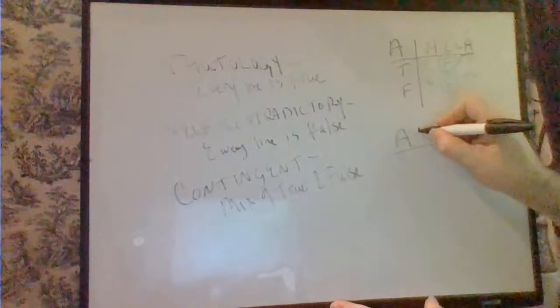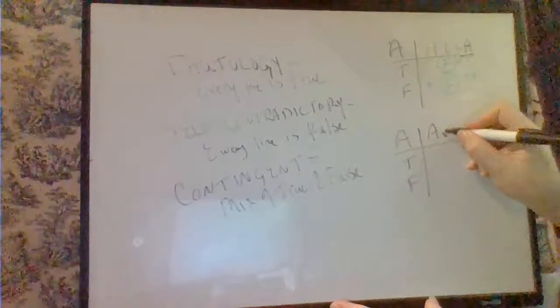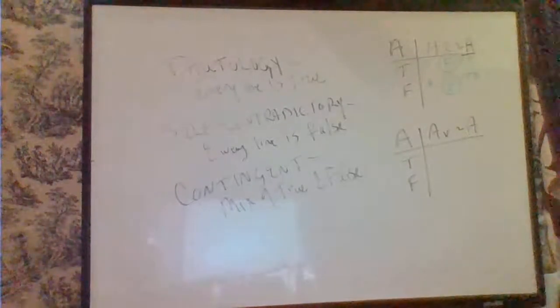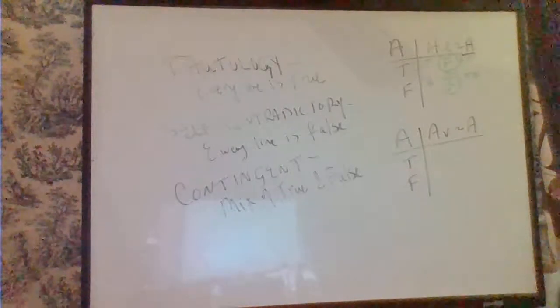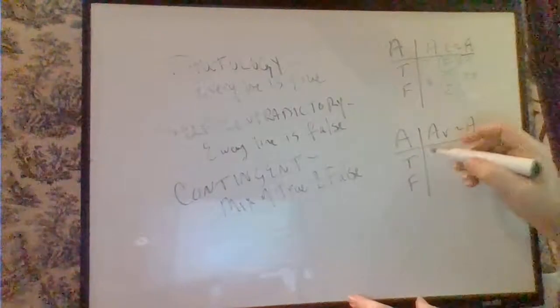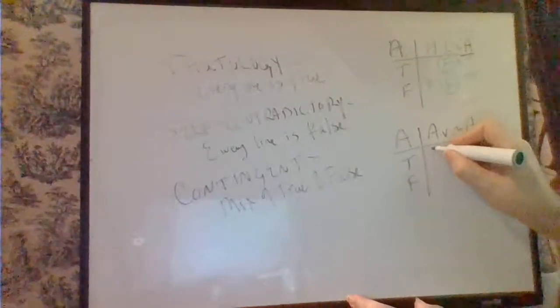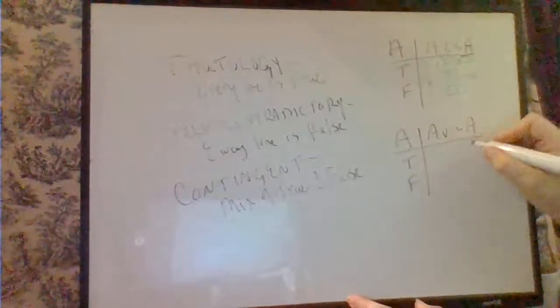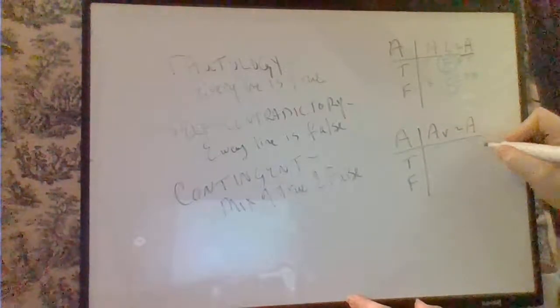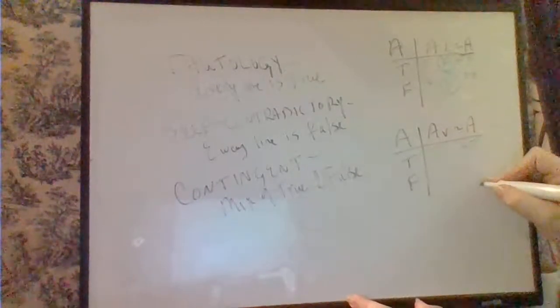And suppose we take another one here. We'll build a simple truth table for A or not A. Okay? A or not A. So on line 1, A is true. There's a negation there, so the true becomes false.